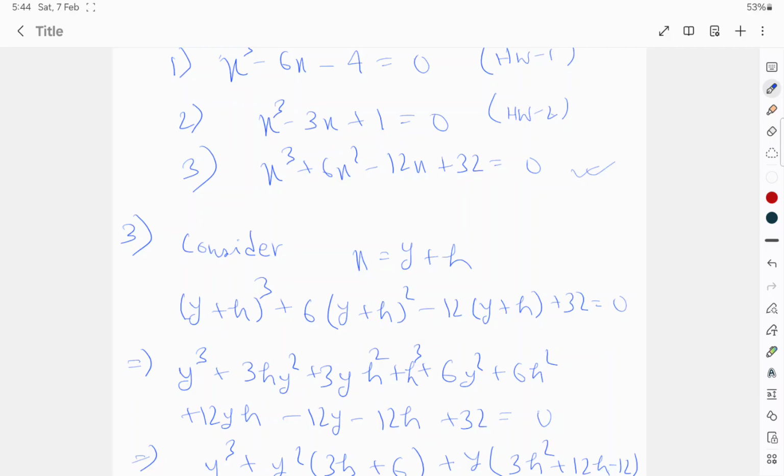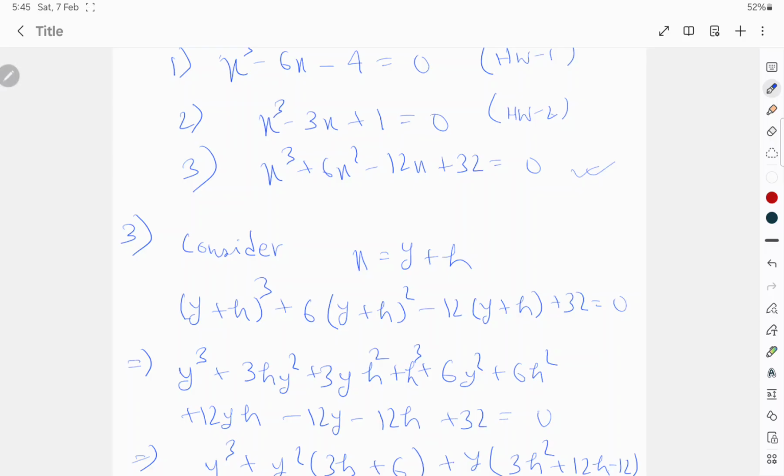So what you have to do here is consider x is equal to y plus h. In this expression, x cube plus 6x square minus 12x plus 32, I am substituting x equal to y plus h.